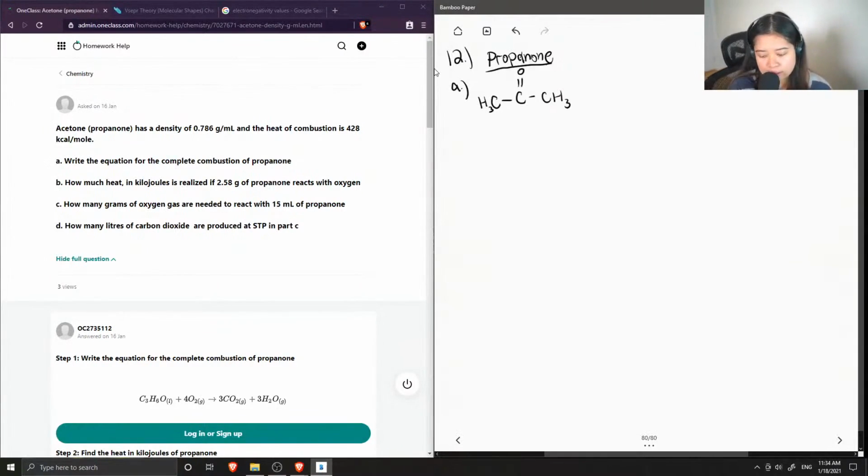Okay, so this is the structure of propanone, and if we were to write out its chemical formula, it would be C3H6O.